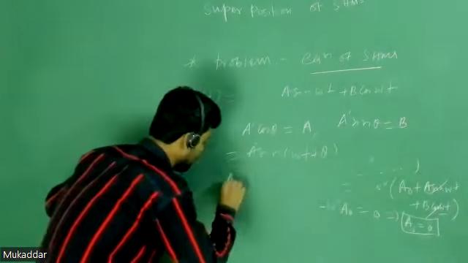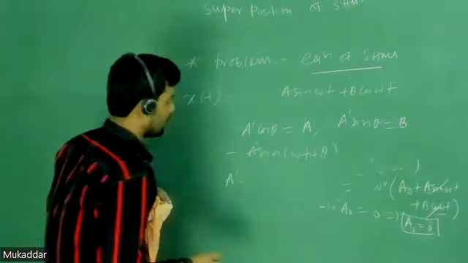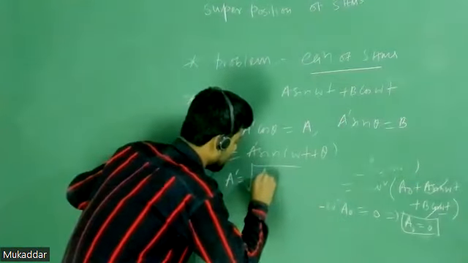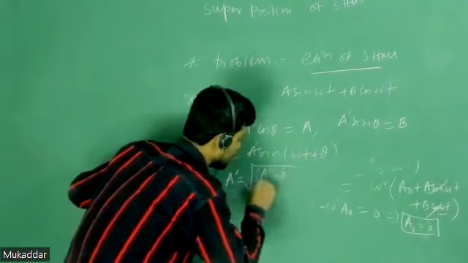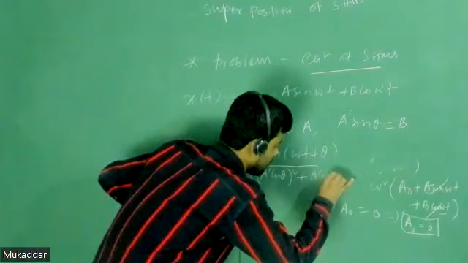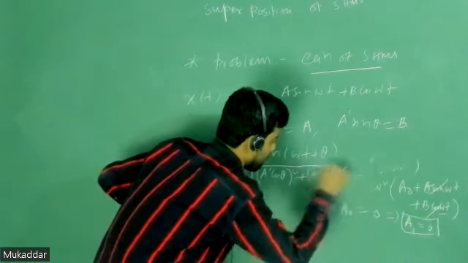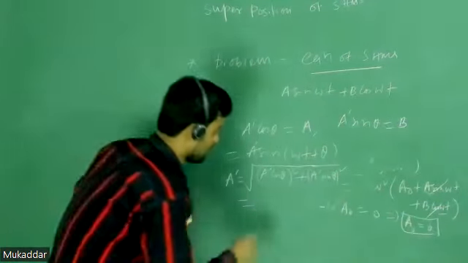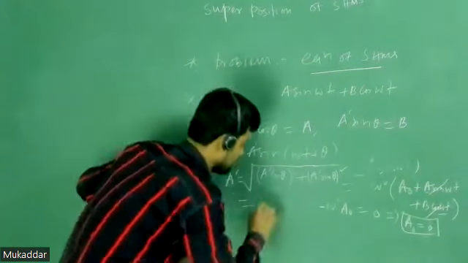It means A prime will be how much? That will be A prime cosine theta whole square plus A prime sin theta whole square, and that will be basically A square plus B square.